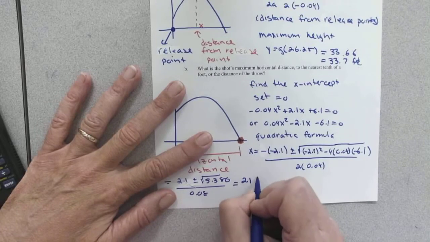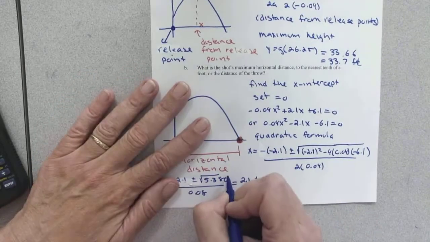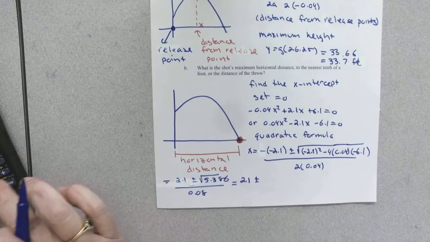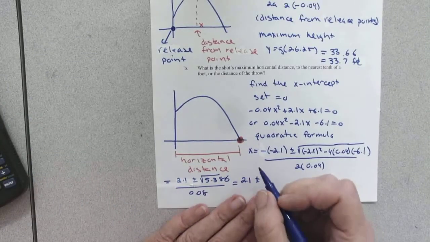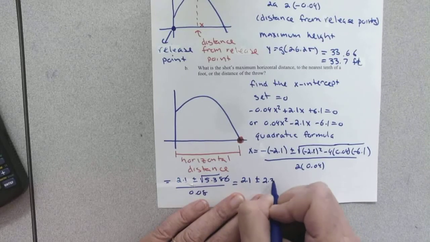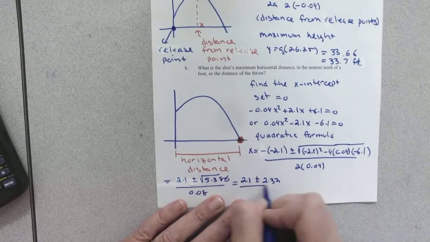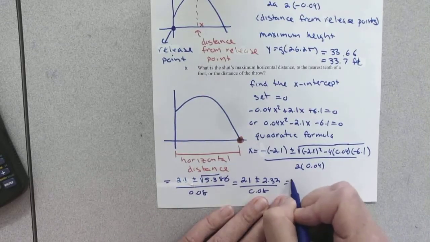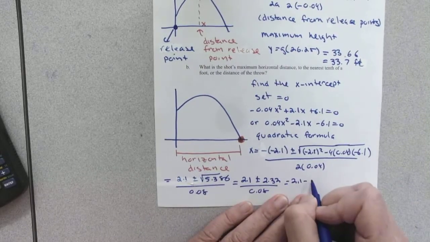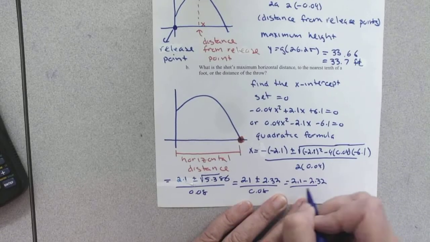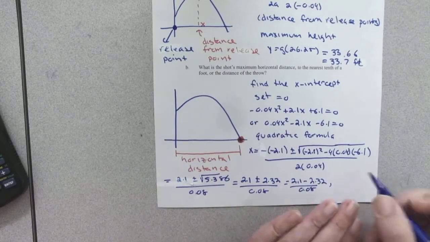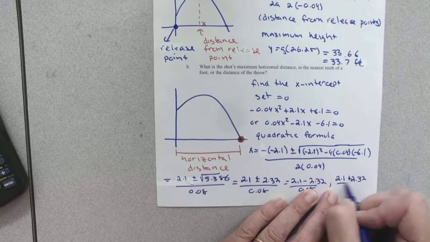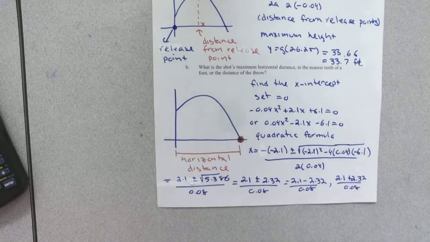It's going to be 2.1 plus or minus, then doing the square root of that, I get 2.32 all over 0.08, which gives me 2.1 minus 2.32 over 0.08, or 2.1 plus 2.32 over 0.08.